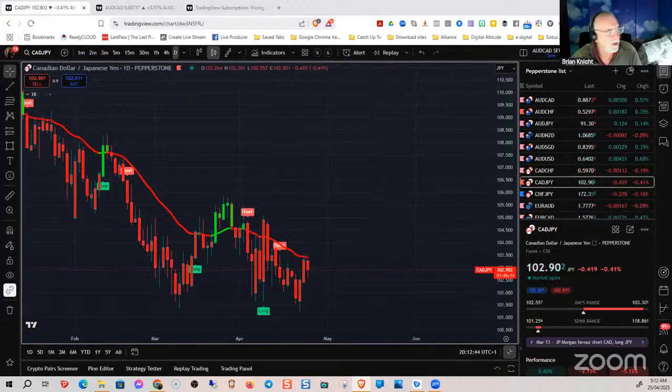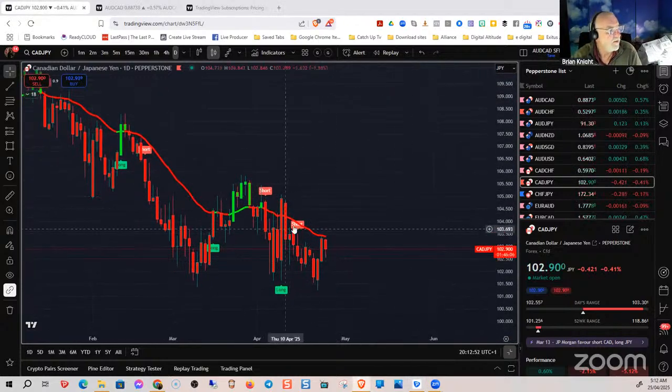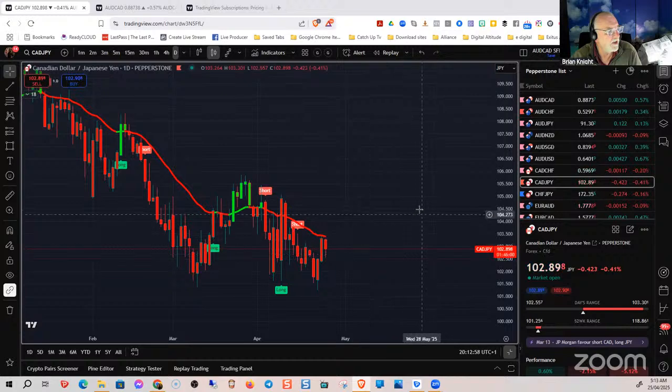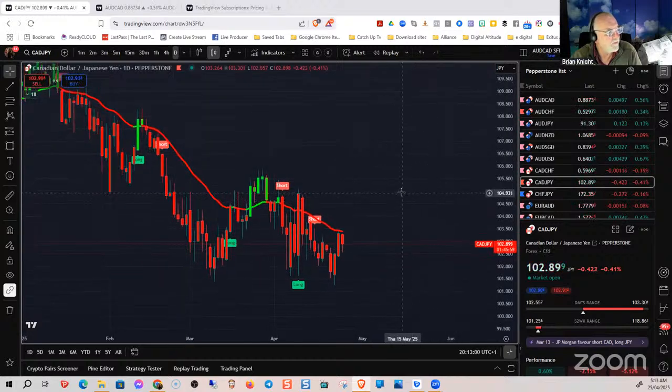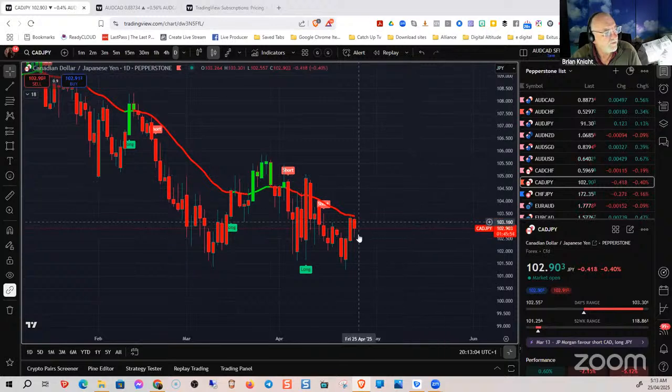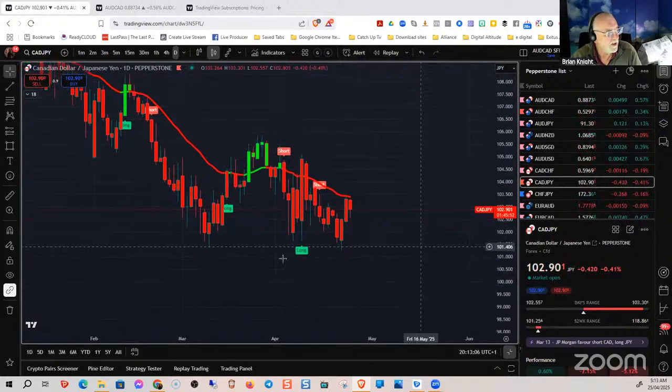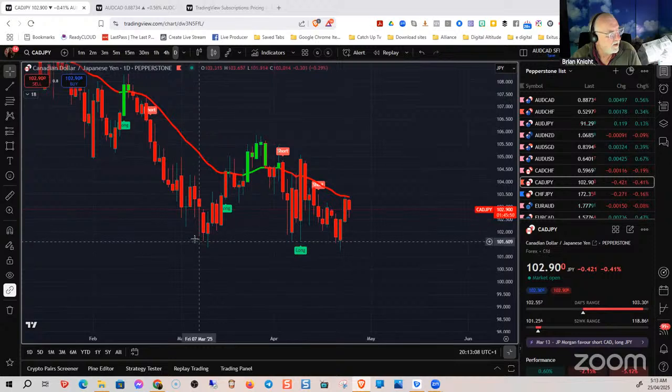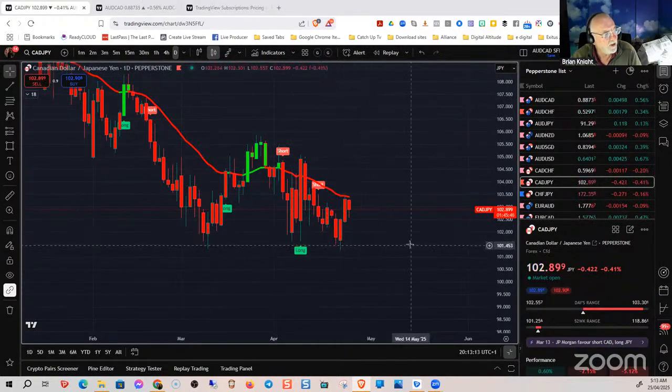CAD JPY. Now, what happened here? Am I still in this? Yeah, I'm still in this one. I got in on that short. It's pulled back up again, but not broken the high and dropped back down a little bit. Hopefully we get it to break down here. But look at all these wicks. They're all sort of scared of this area here.